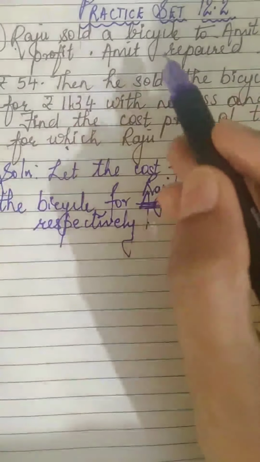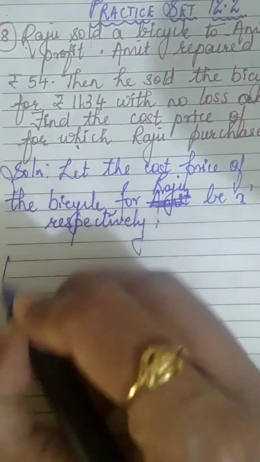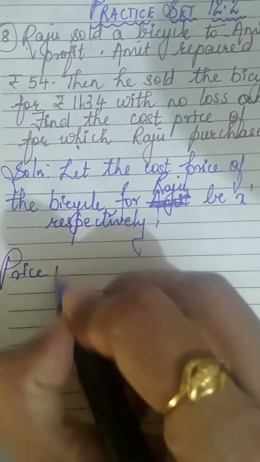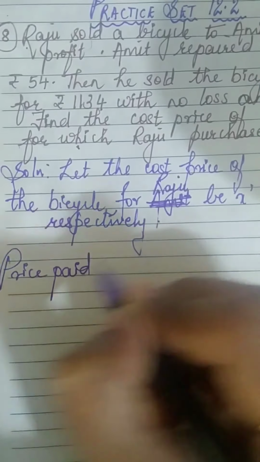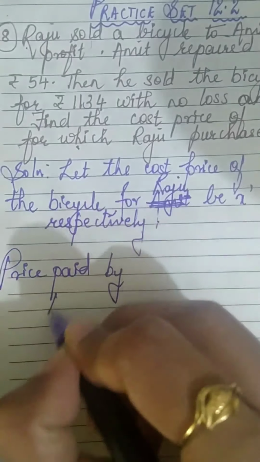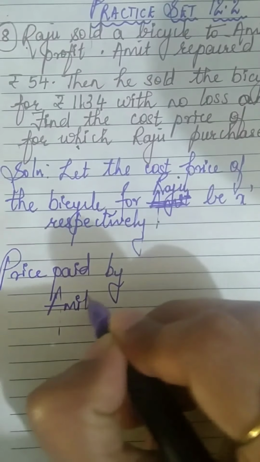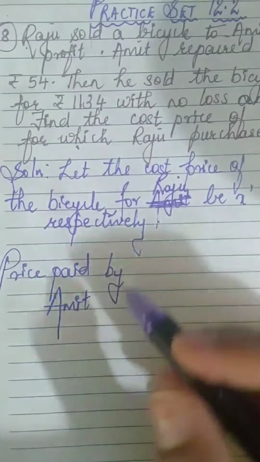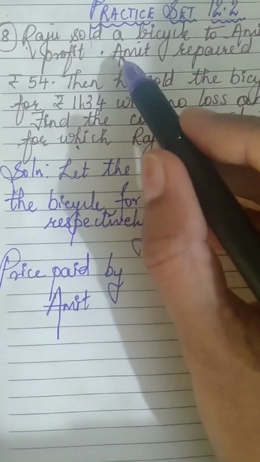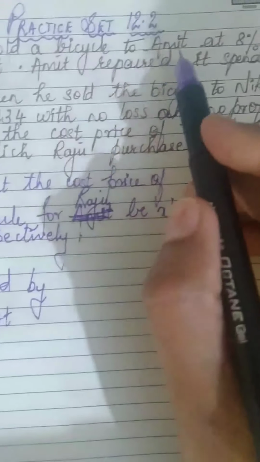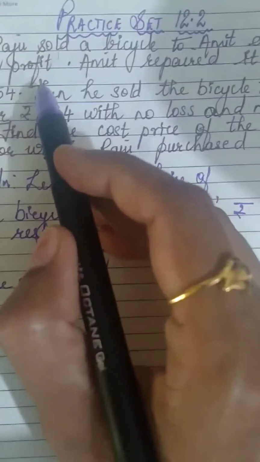Now comes the story. Price paid by Amit. Amit was the second person, no? How much did Amit have to pay? Raju sold the bicycle to Amit at 8% profit.